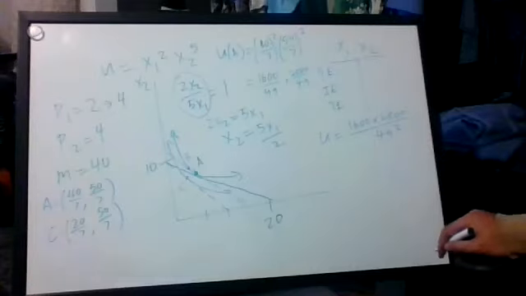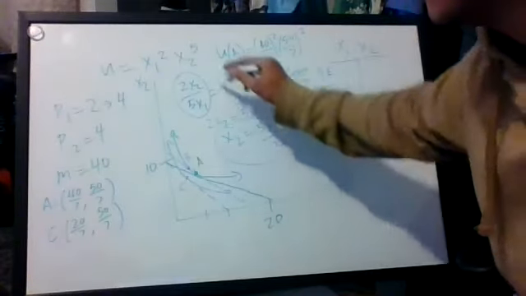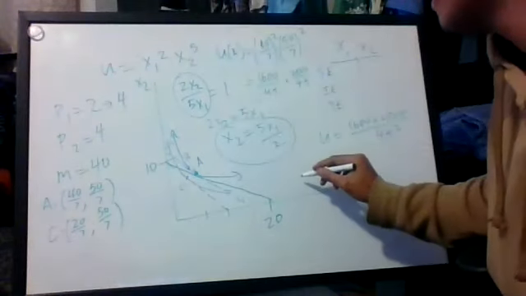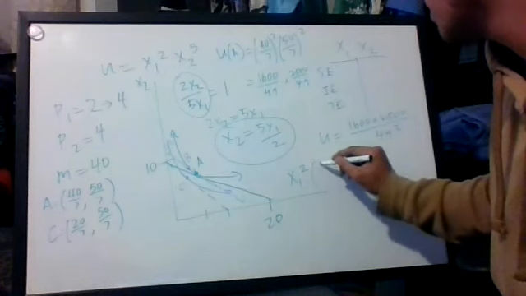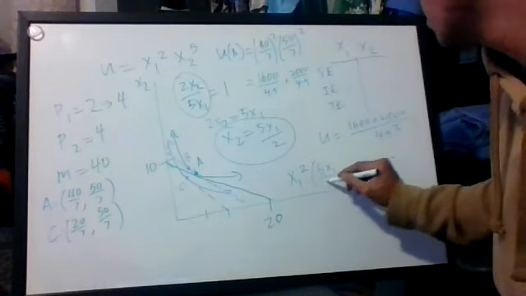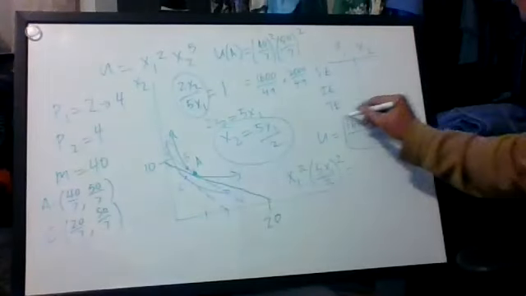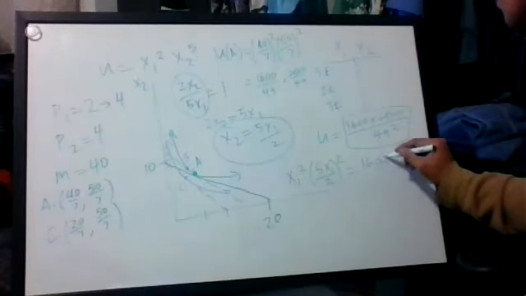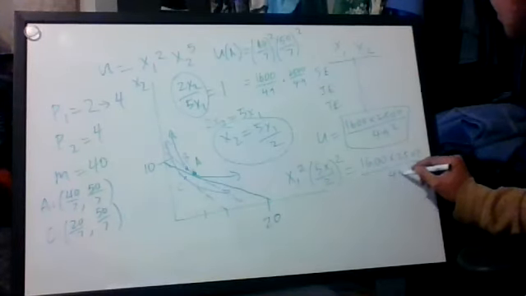And what I'm going to be able to do is substitute this value of x2 into here and get that x1 squared times 5x1 over 2 squared is going to be equal to this value right here over 49 squared.